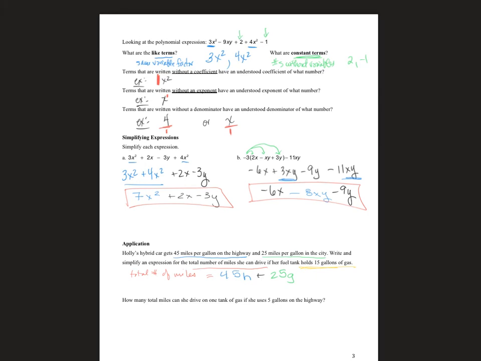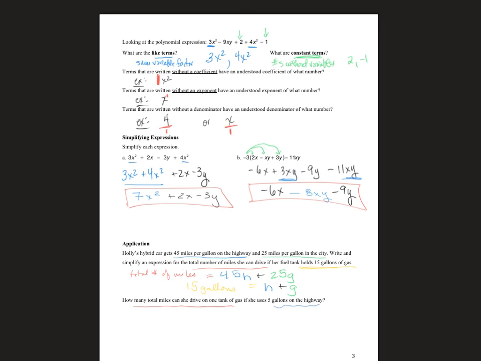Now, I know she has 15 gallons of gas. So she has 15 gallons of gas, and that is to be used on both the highway and in the city. So those are some expressions that I can use to represent the information that I've been given. Now, I've been asked how many total miles can she drive on one tank of gas if she uses 5 gallons on the highway.